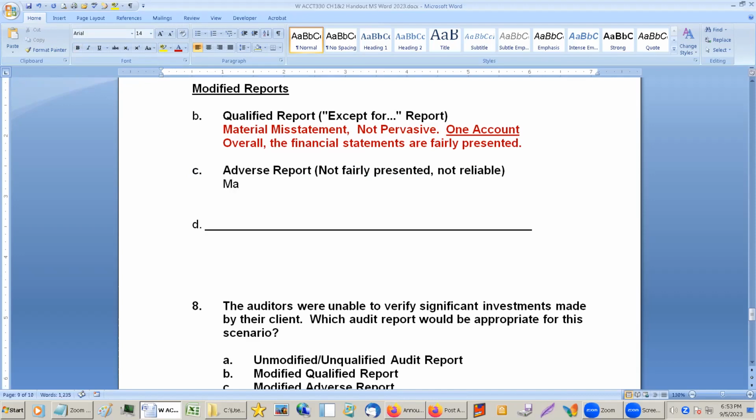Material misstatement, and it is pervasive, and the financial statements are not GAAP.